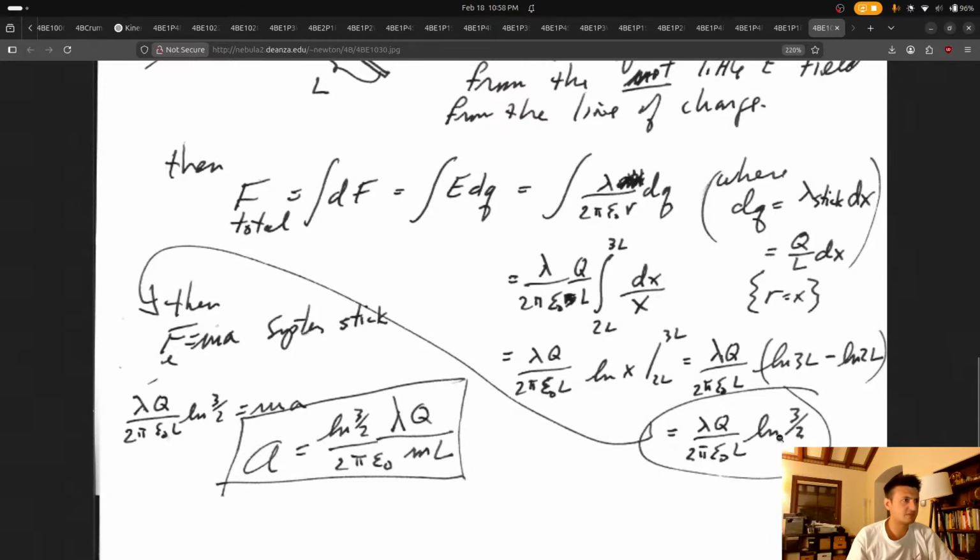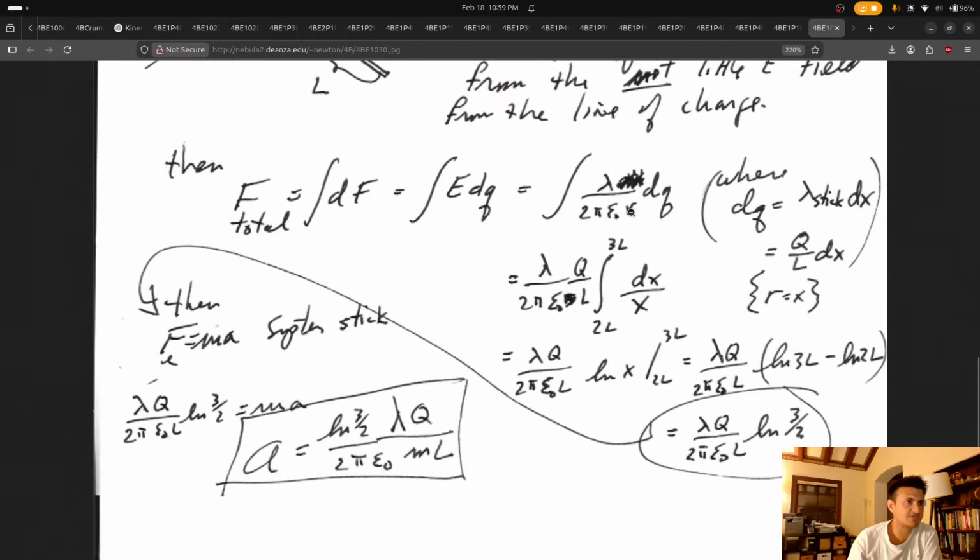Integral, integral, integral. This is just the force, right? This dq, dx. This is q over L, the lambda prime that I was talking about.